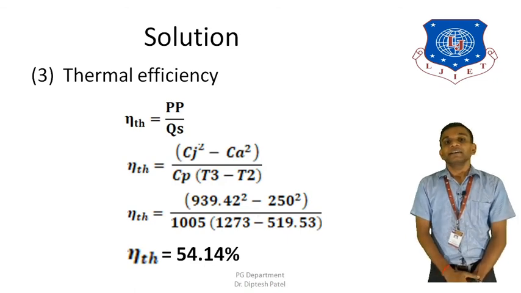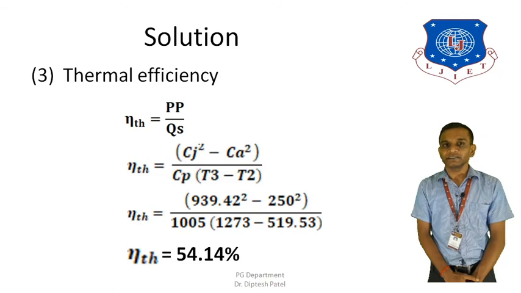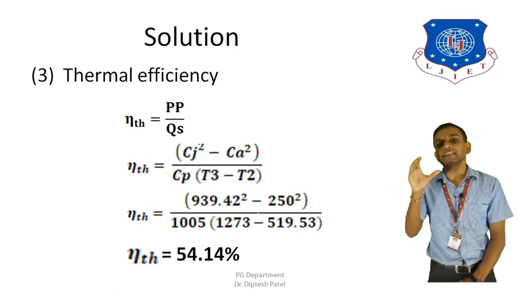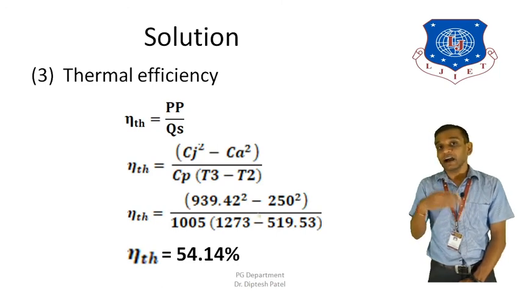So eta thermal is equal to (Cj square minus Ca square) divided by Cp (T3 minus T2), since heat addition takes place between process 2 to 3, and Cj is the velocity of gases at the outlet of the nozzle, and Ca is the velocity of air at the inlet.